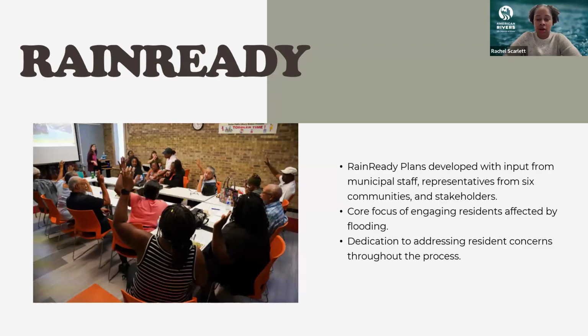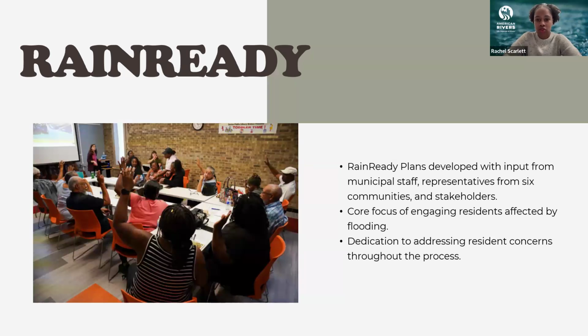So I'm going to start out by talking about one of the main programs in the region run by the Center for Neighborhood Technology called Rain Ready. The Civic Innovation Hub was launched from Rain Ready as a platform and foundation. Within this program, the Center for Neighborhood Technology, along with municipal staff and community members, as well as other stakeholders, created plans to become rain ready.